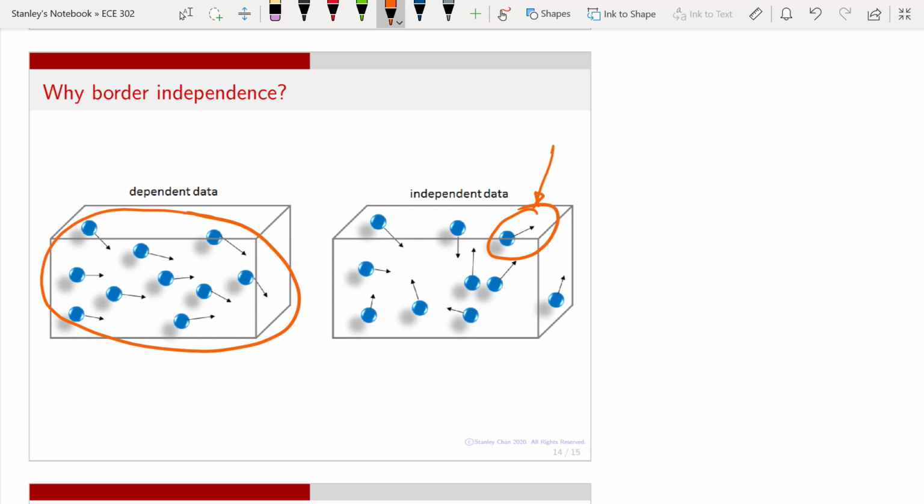So just bear in mind that this independence is important. It can only be determined from this definition of the probability. It has nothing to do with influence or not, this kind of hand-waving argument. And you need to follow this mathematical principle because we are looking at the probability.